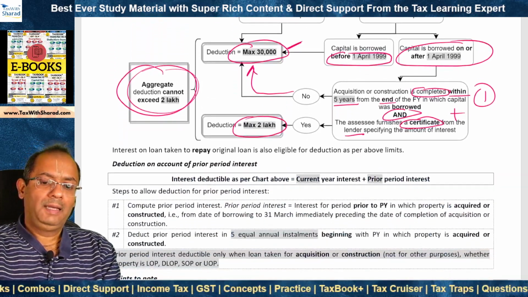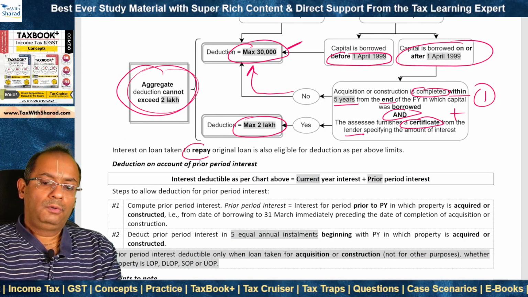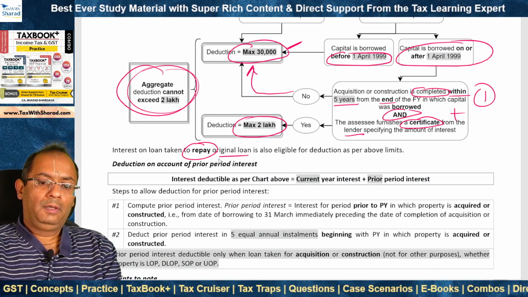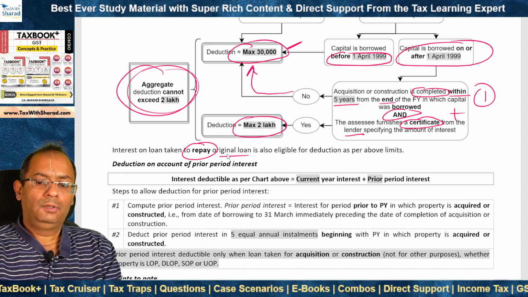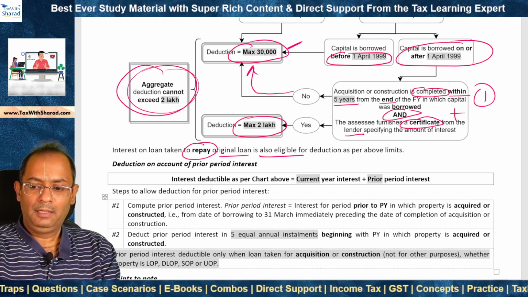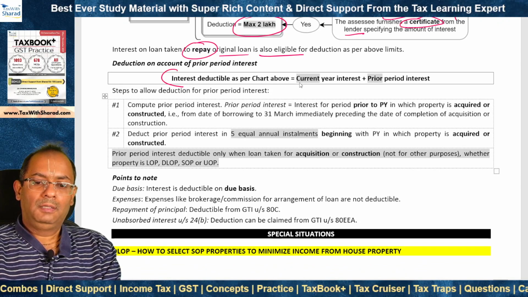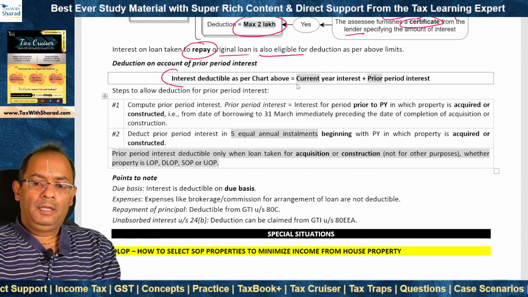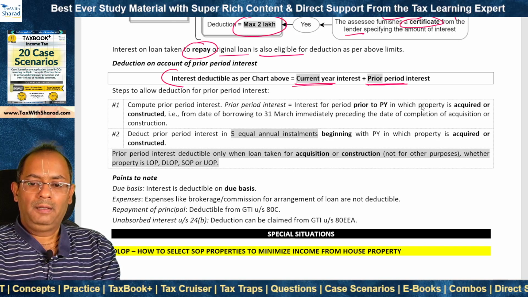Now there may be a case where the SSE takes a new loan to repay the original loan, and then the SSE would pay interest on that new loan. So that interest on that new loan will also be eligible for deduction as per the above said limits. Now interest which is deductible as per the chart above, which we just now saw, is not just the current year's interest, but also the prior period interest.